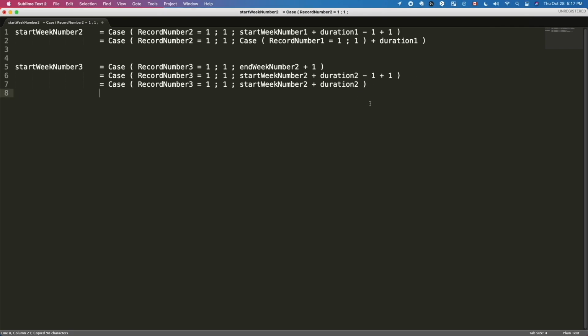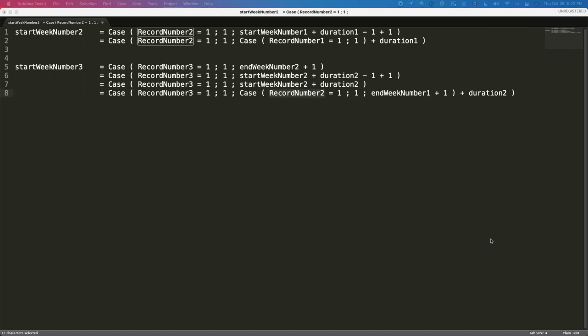And with this, we can stop here because the rest of the formula doesn't really matter. Keep in mind right now, we're evaluating from the context of the third record. So record number 3 returns 3 as it is evaluated from its current context. But for record number 2 here, from the perspective of the third record, this is actually on a related record through a relationship, so it will return 1.